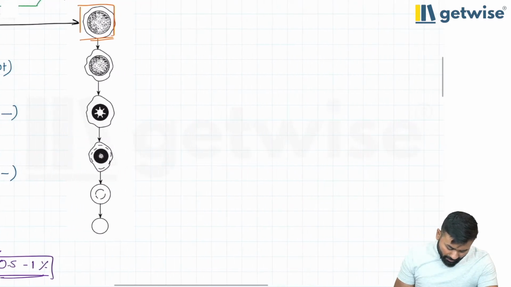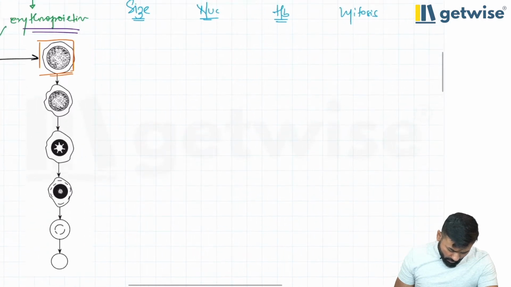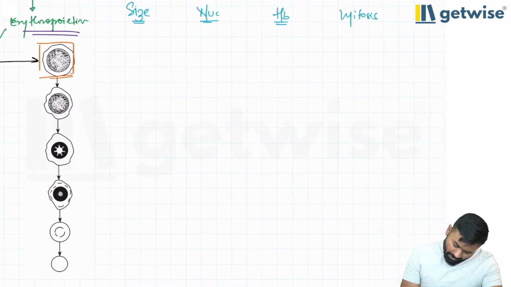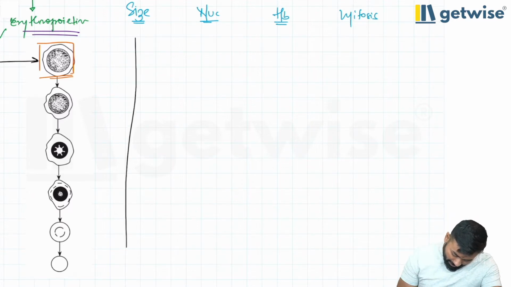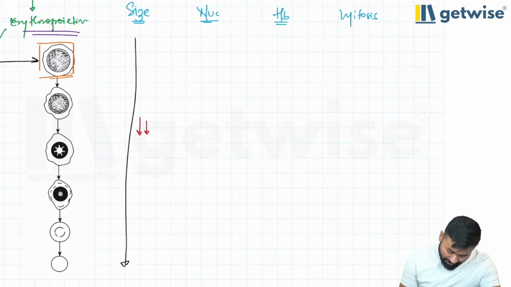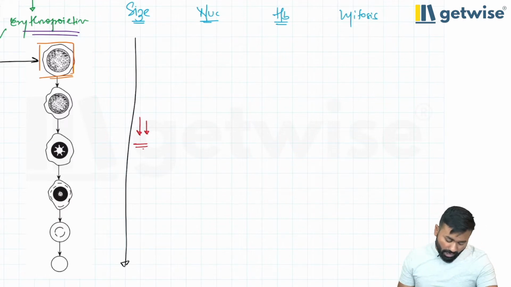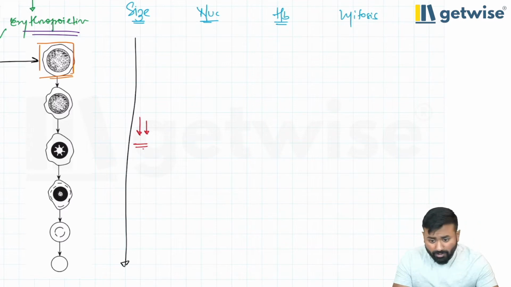Let's have a look at the size. When we go from the proerythroblast to the erythrocyte, the size of the cell decreases. Now what about the nucleus?